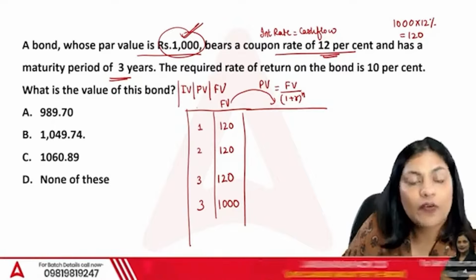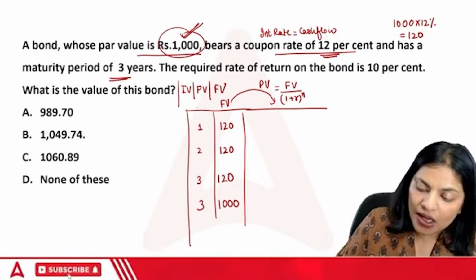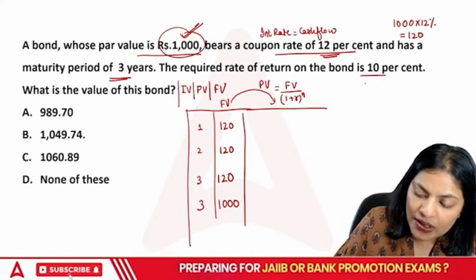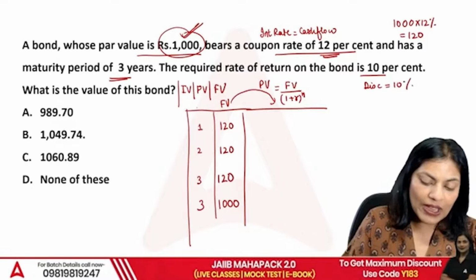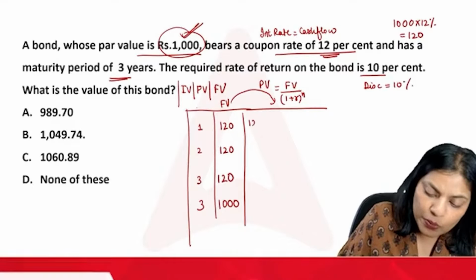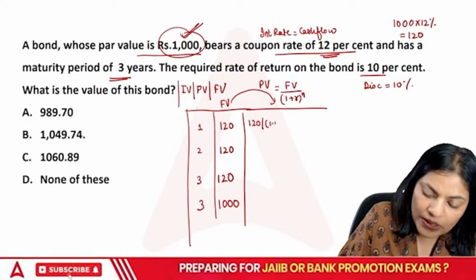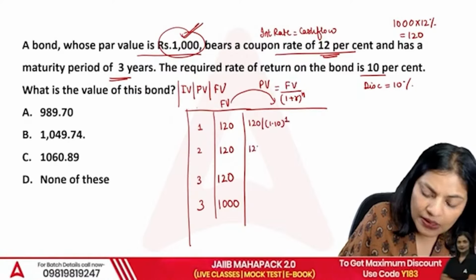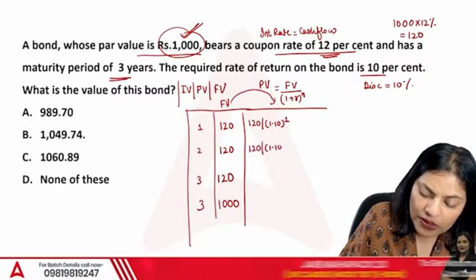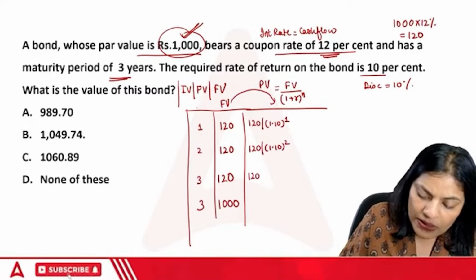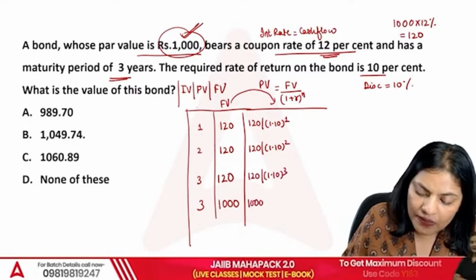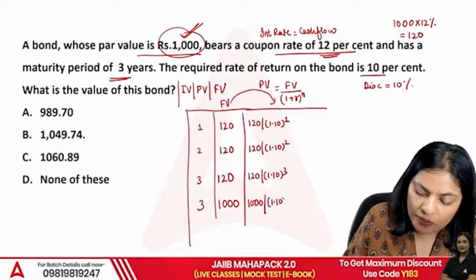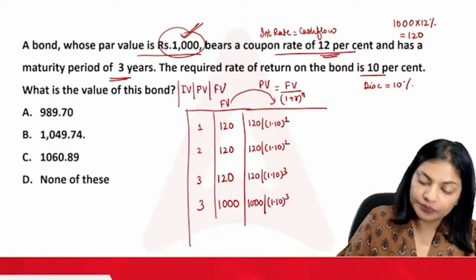So now while we are doing the discounting, our rate of return, or our discount rate, is basically what? Rate of return, which is 10%. So we will have to discount. My future value is 120 divided by 1.10, where n is 1 year. Similarly, we'll move to the next one: 120 divided by 1.10 to the power 2, 120 divided by 1.10 to the power 3, and 1,000 divided by 1.10 to the power 3.